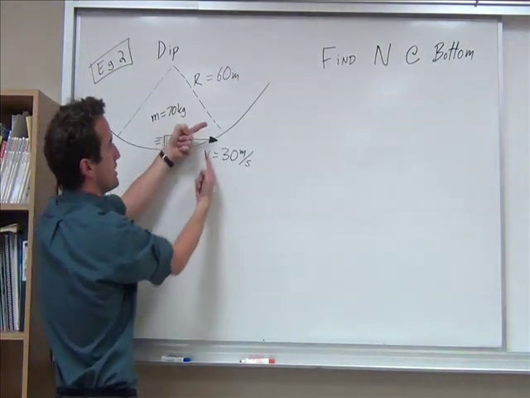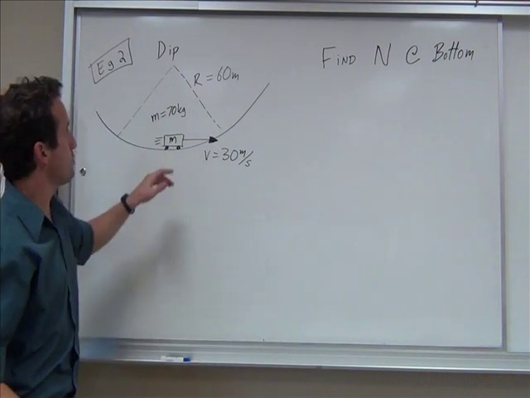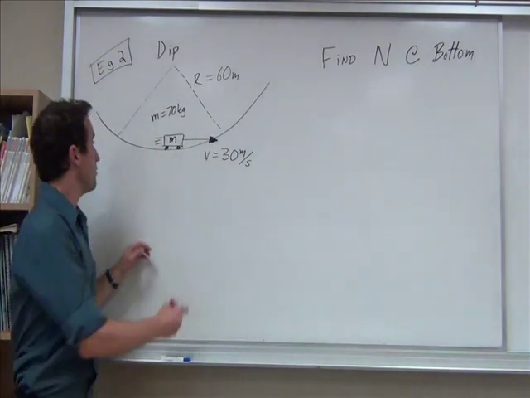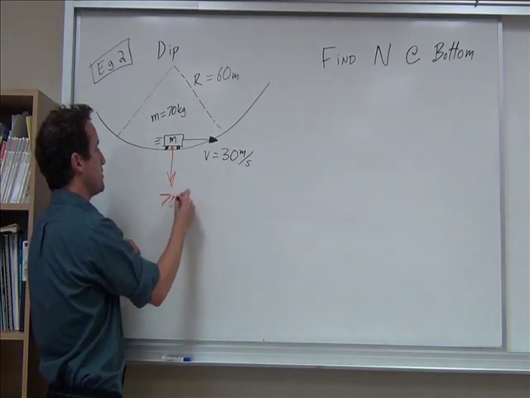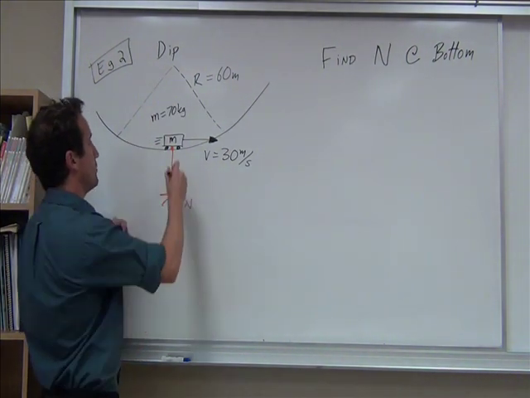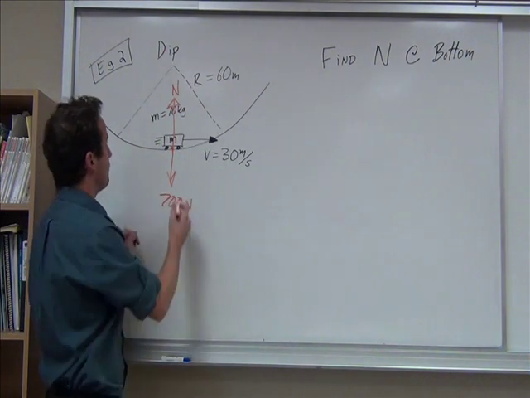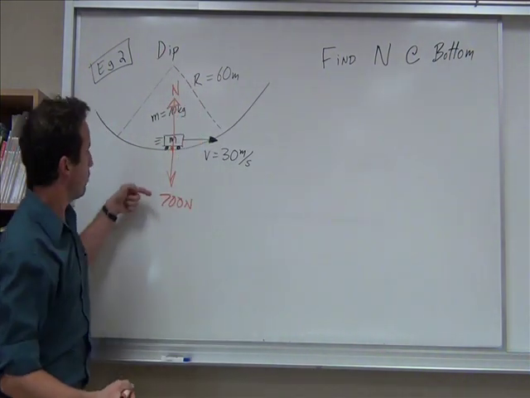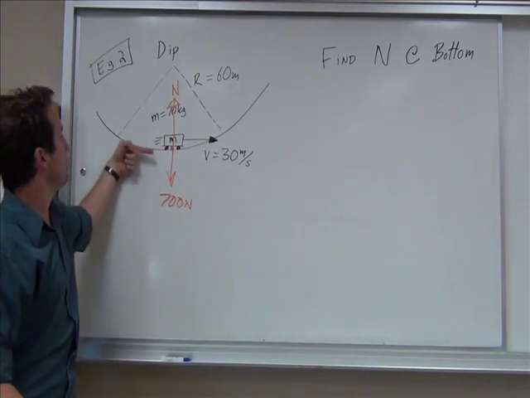All the time the track is pushing it upward with a force, the normal force, which is probably bigger than the weight. Otherwise, if the weight, 700 newtons, was larger than the normal force up, n, then it would go down. But it doesn't go down, it goes up.